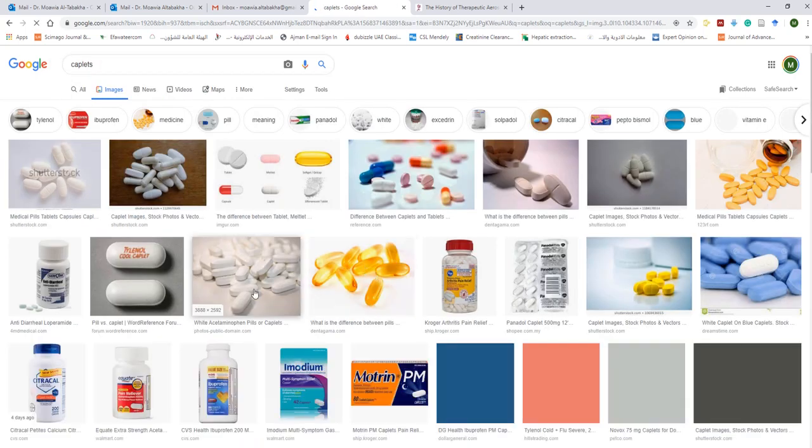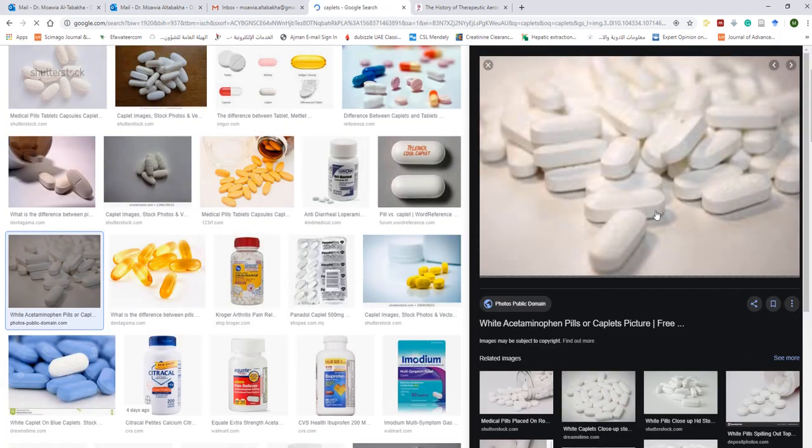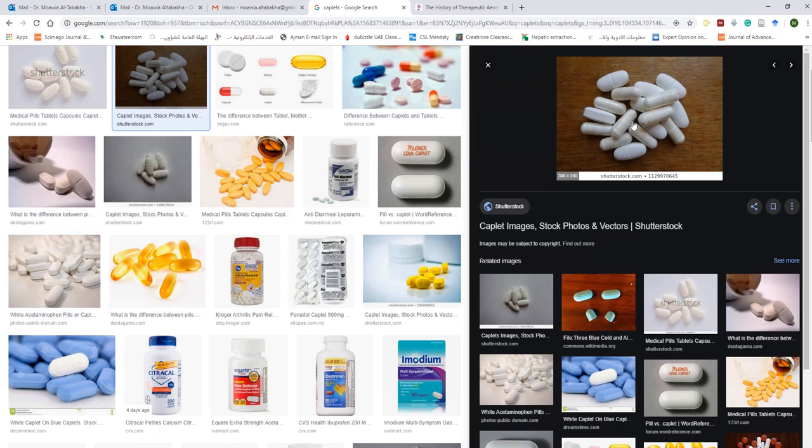I will show you. What you see here is a caplet. See here in this photo you see a tablet and you see also a capsule. Now this tablet, because it's in a similar shape to capsules, is referred to as a caplet.